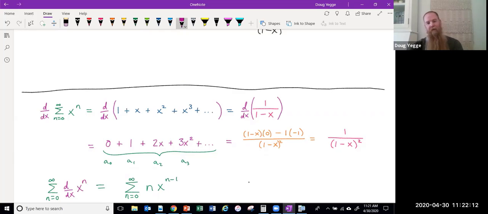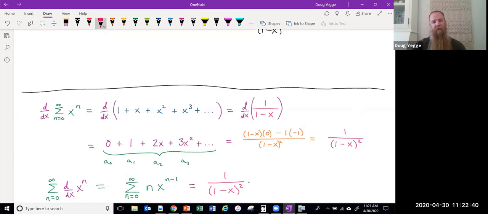I didn't have to go through this whole process of expanding and so on. So all I really had to do was recognize that the derivative of a power series is the sum of the derivatives. So I could really differentiate this term by term, which is why this ends up becoming 1 over 1 minus x squared.